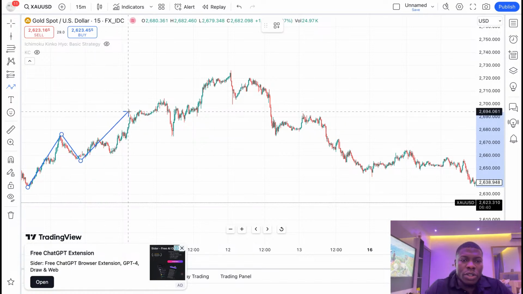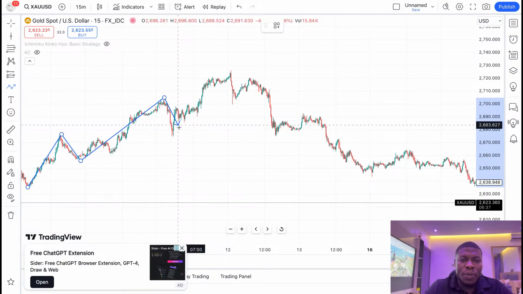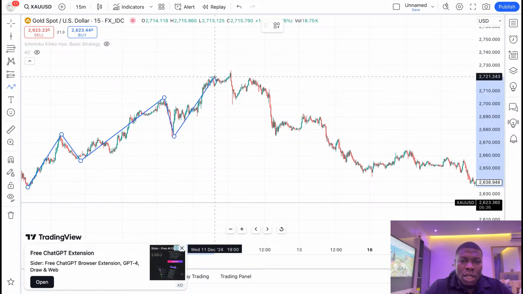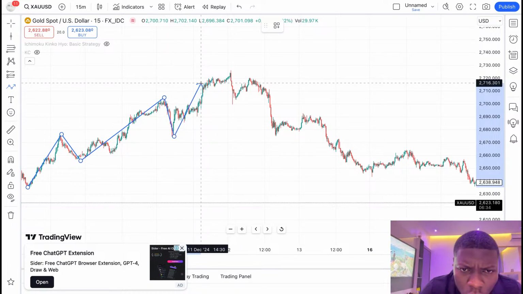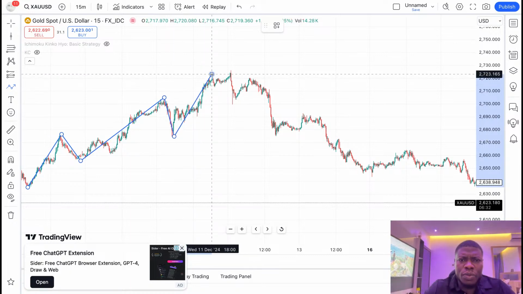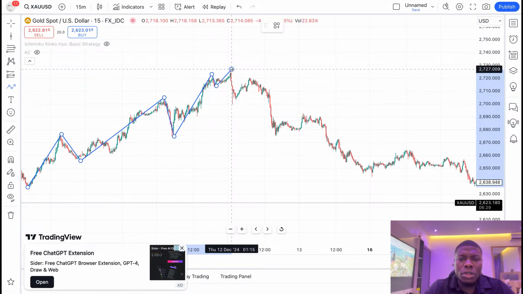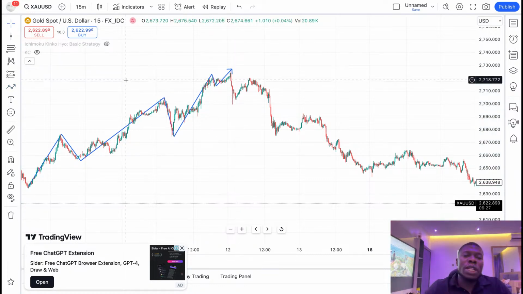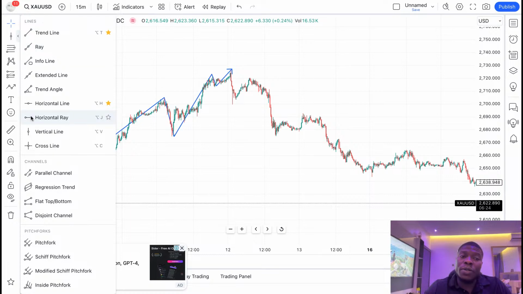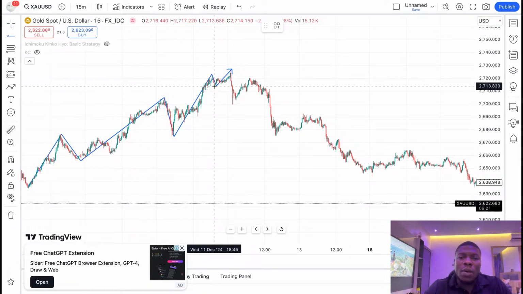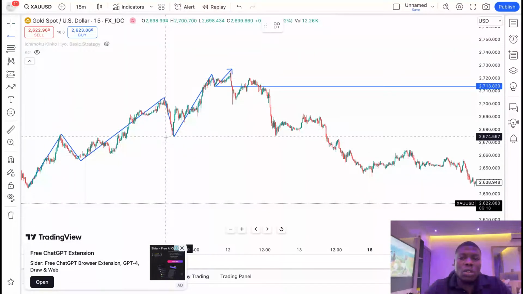Mind you, I'm looking for my higher high and lower low. Okay. So this is our uptrend. Now on 15 minutes, this is the last trend. We had last low here and last low at this place.